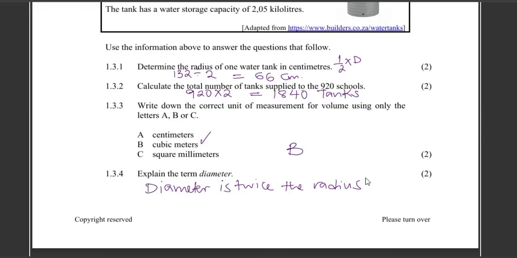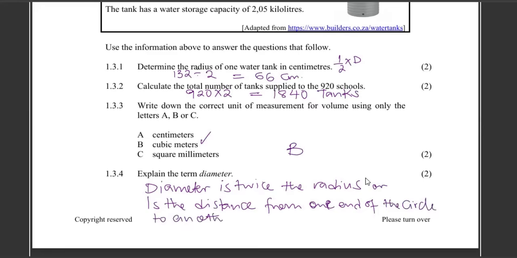Or you can say it is the distance from one end of the circle to another end through the center.